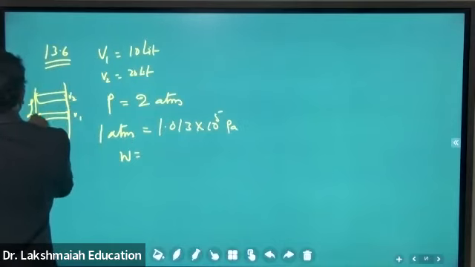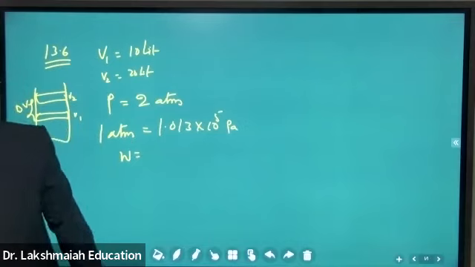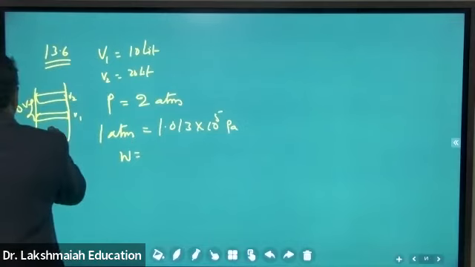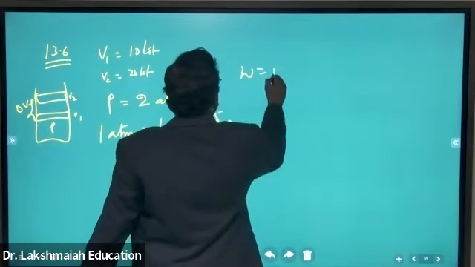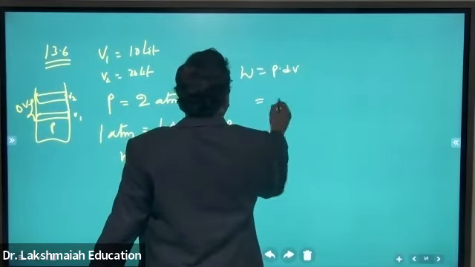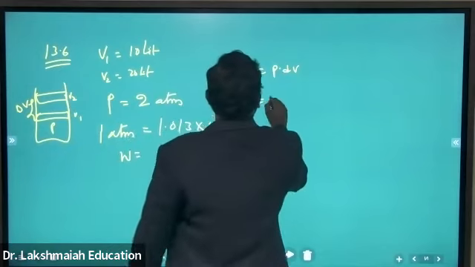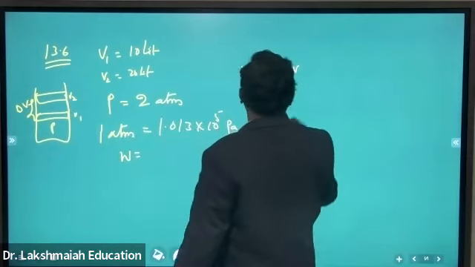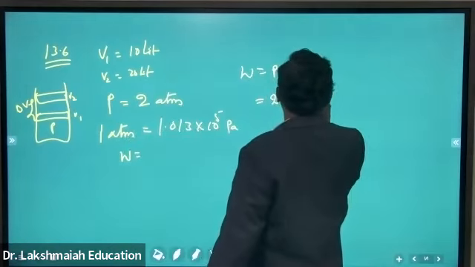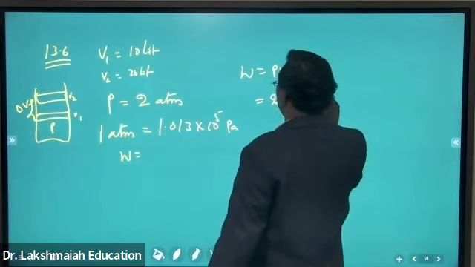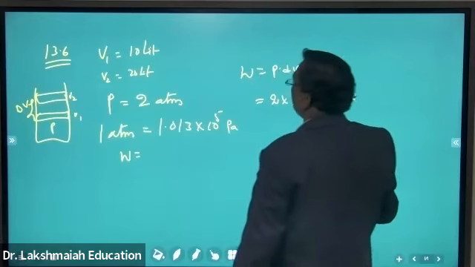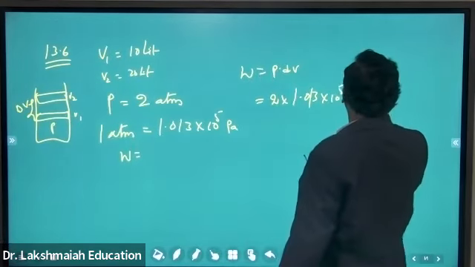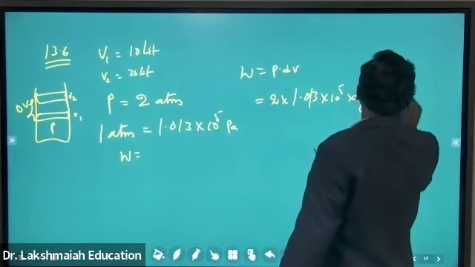There is a change in volume with pressure constant. Therefore, work done is equal to P into dV. What is P? 2 atmosphere, you can convert, that is 1.013 into 10 power 5, into dV. dV is nothing but V2 minus V1.